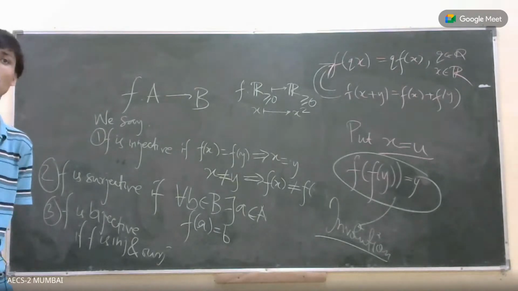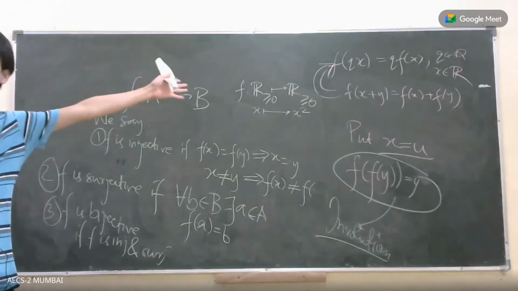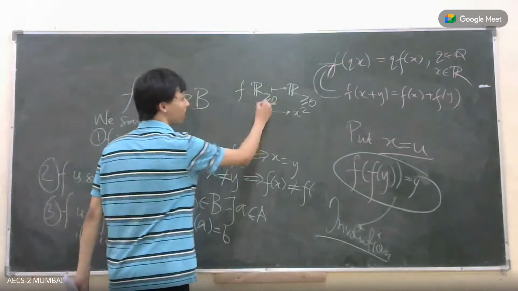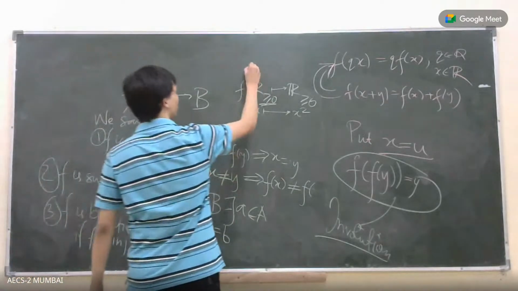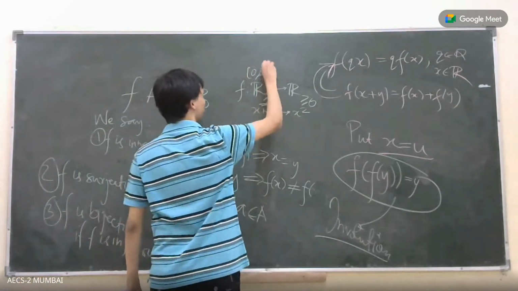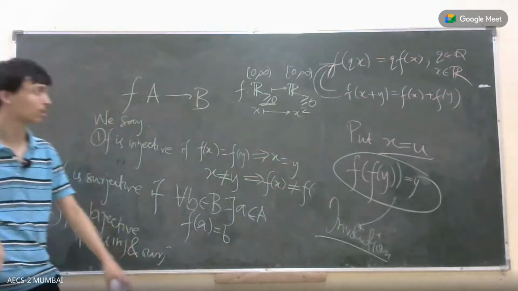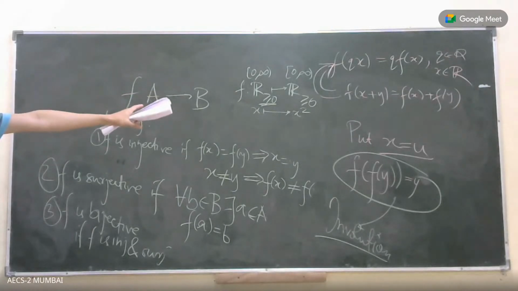Is this bijective? How do you check if a function is bijective or not? First, is it injective? Yes. You see, I've changed the domain. Now the domain is just the positive real numbers. It's injective, right?